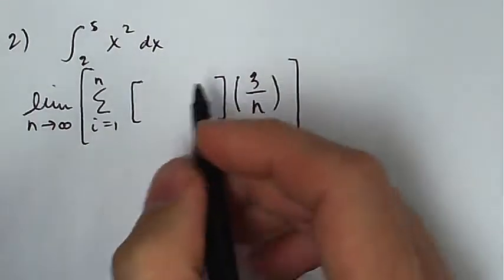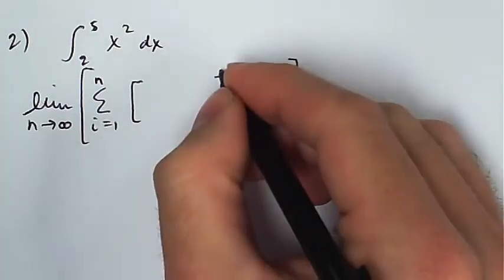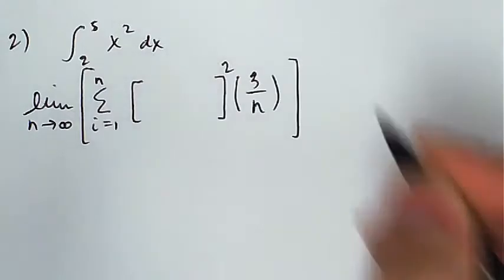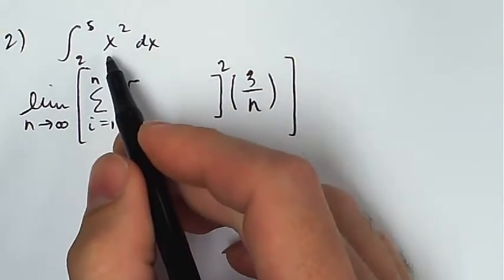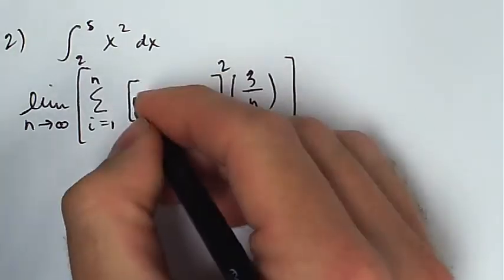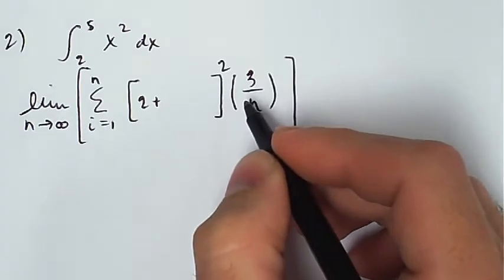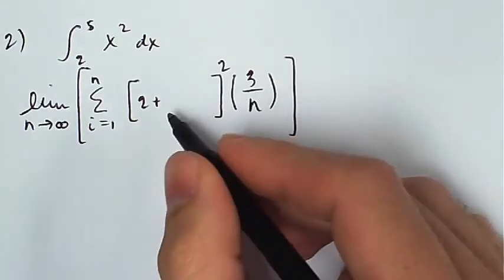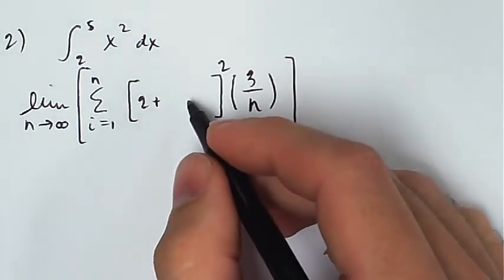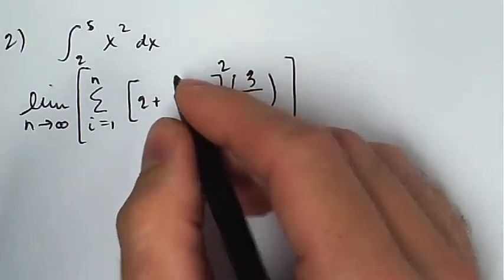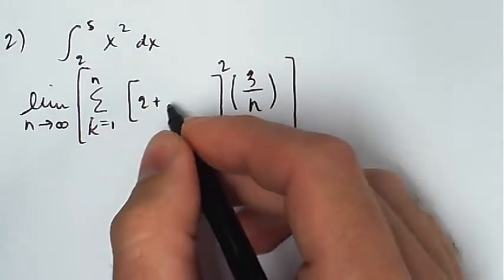And then we're just going to do whatever f does. Well, f takes a number and squares it. So I'm just going to put that there. And what are the x's that I'm actually squaring? Well, x starts at 2, so it's going to be 2 plus something. What it ends up being is i times delta x, or whatever the indexing letter is, delta x times k, if k is the index, which it does look like that's it, so maybe I'll change that to k equals 1.